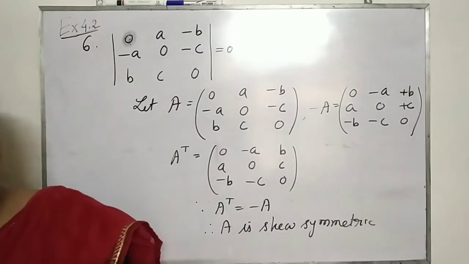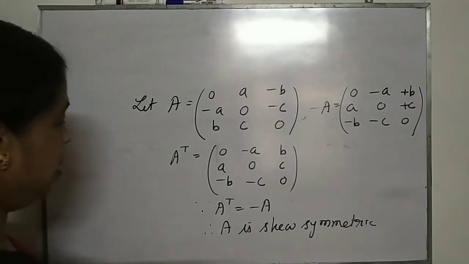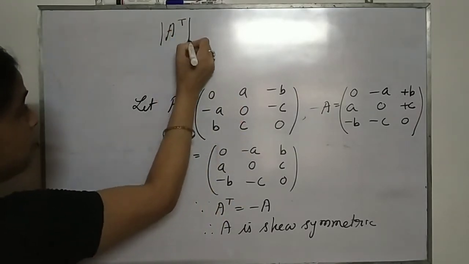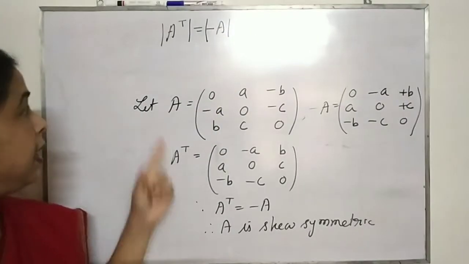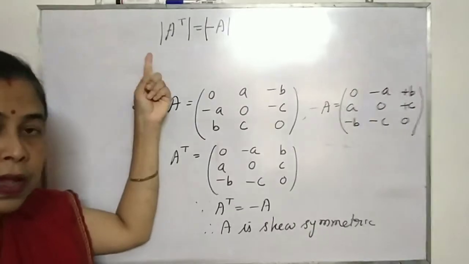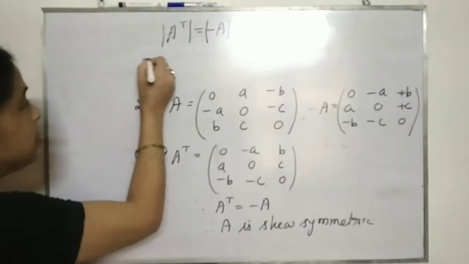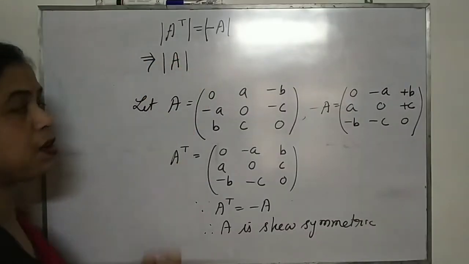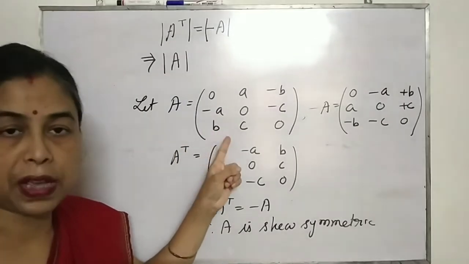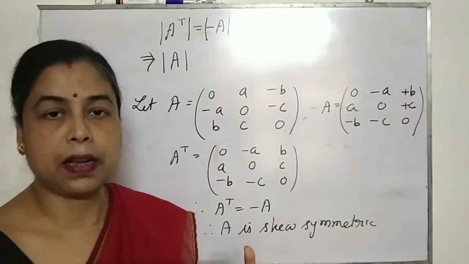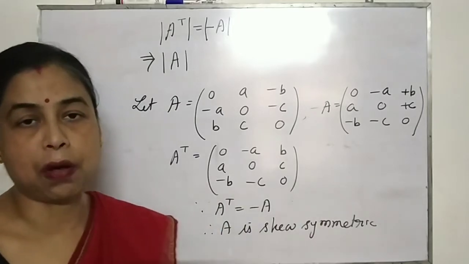Then we will get determinant of A transpose equal to determinant of minus A. By the first property, determinant of A transpose is equal to determinant of A, so in place of determinant of A transpose we can write determinant of A. And since it is a 3 by 3 matrix, if each and every element of a matrix is multiplied by k, then from each row or column we can take k outside.